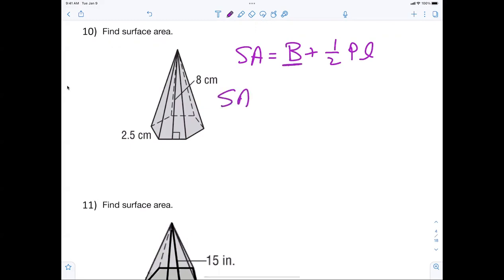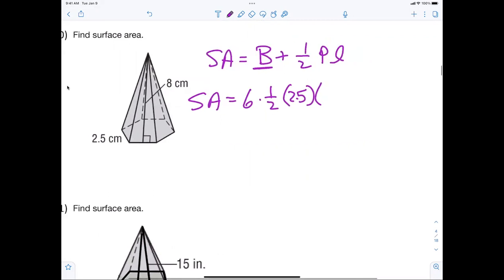Surface area is equal to how many triangles in the base? 6 times 1/2. What's the base? 2.5. Come on now. Everybody should be able to tell me this. The height of the triangle is what? 1.25 radical 3. Thank you very much.